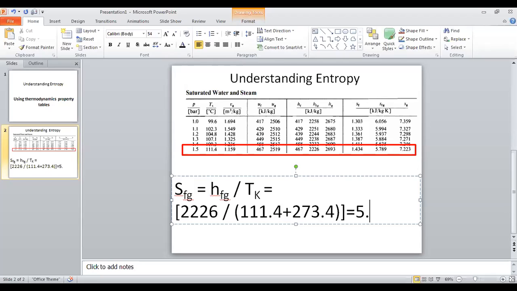So you have to use 273.15 here, if I'm not mistaken.